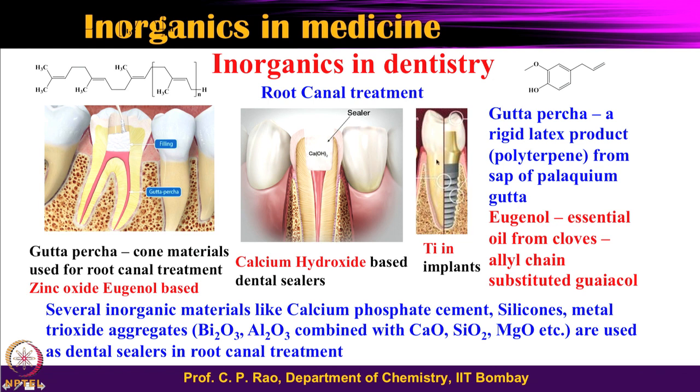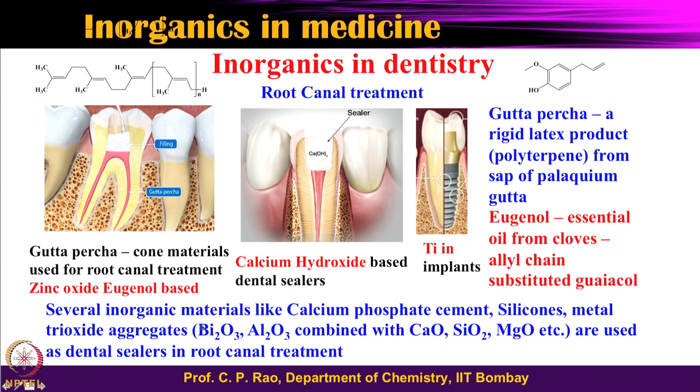Also, nowadays a lot of dental treatments are going through mainly as implants. In the implant you need screws, and these screws are made of titanium and other metals. So, again one can use them in dental implants too.